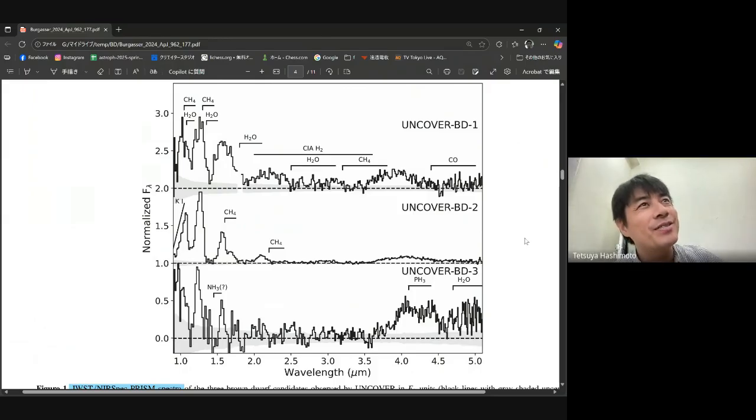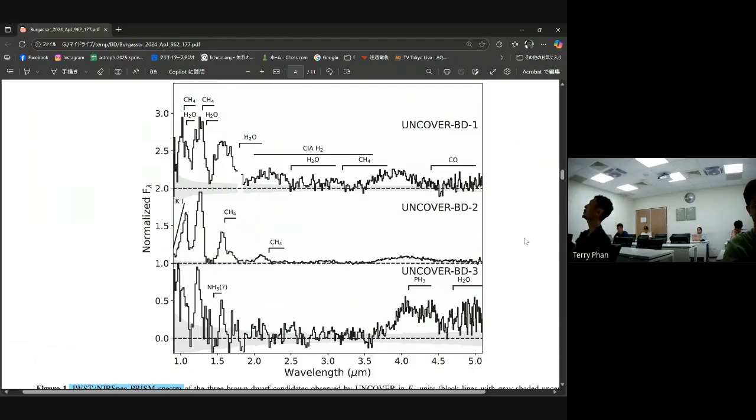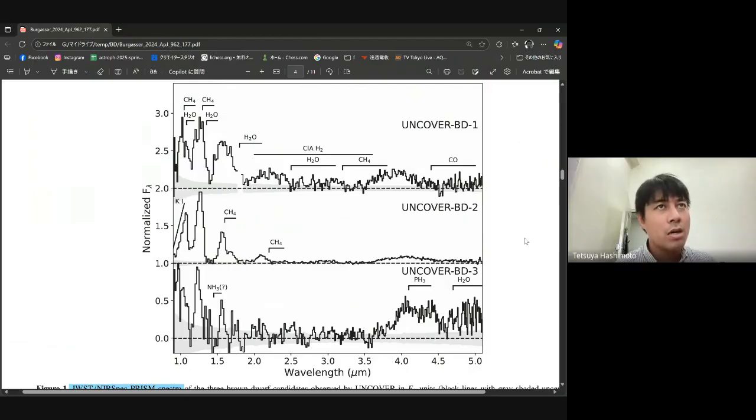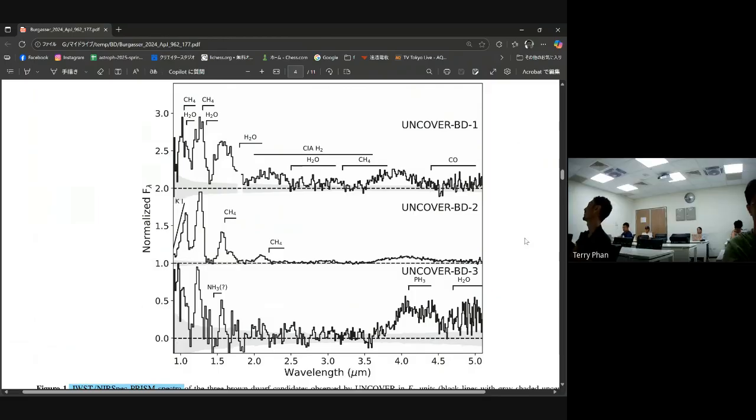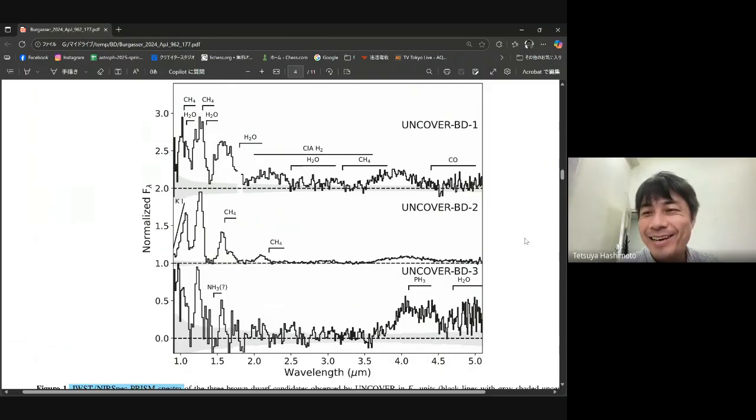What I wanted to ask is about the success rate. If you do color selection, how many of them are confirmed and how many are not? Do they discuss these kinds of things? I think Nonino only presented one candidate, and then they did the spectroscopy, and it turned out to be a brown dwarf. I see, so for that part the success rate is 100%.